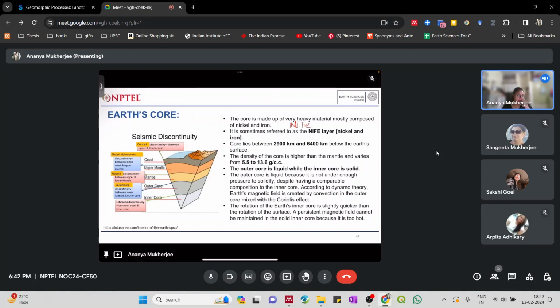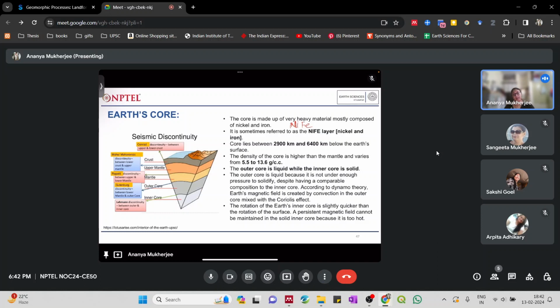Fe is iron, so you can call it the NiFe layer. The core is essentially made up of two elements, nickel and iron.